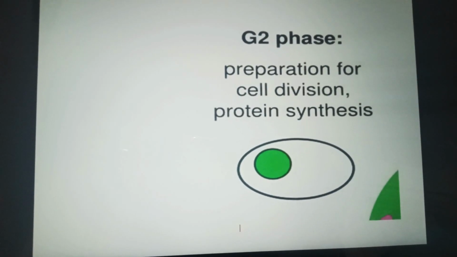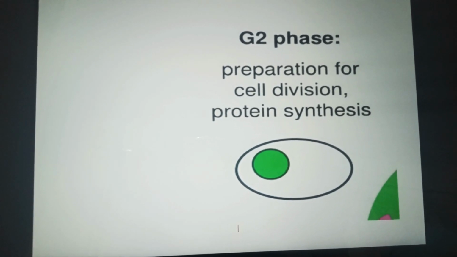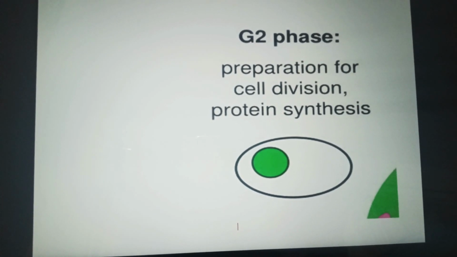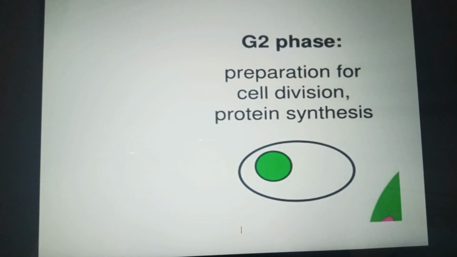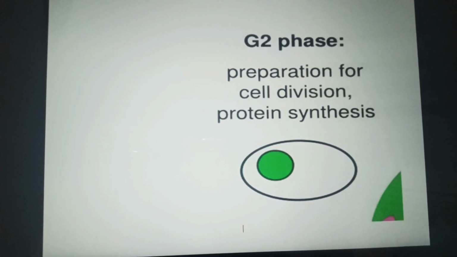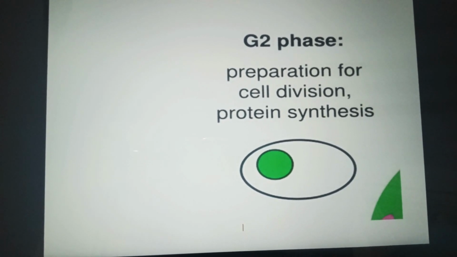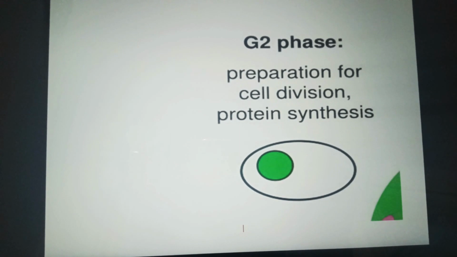The next is G2 phase. In the G2 phase, the cell prepares proteins that are essential for mitosis, mainly for the production of spindle fibers. After this G2 phase of interphase, the cell enters the division phase, that is M phase, and it is characterized by mitosis in which the cell divides into two daughter cells.